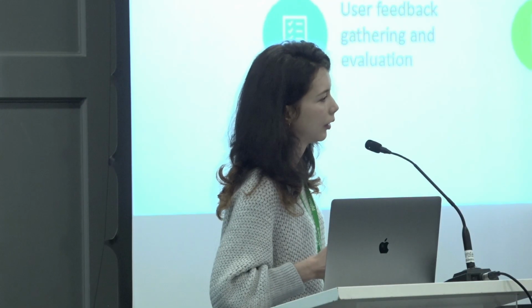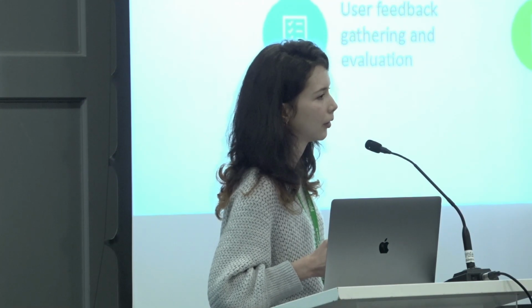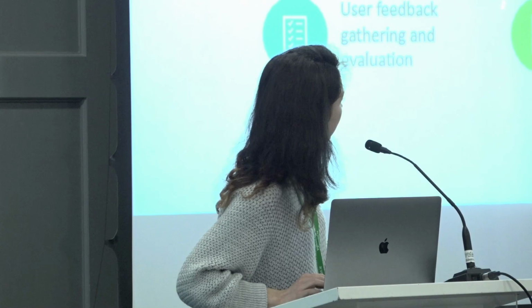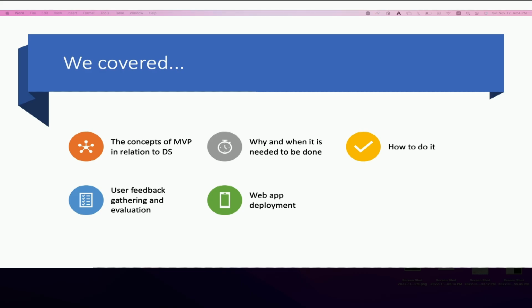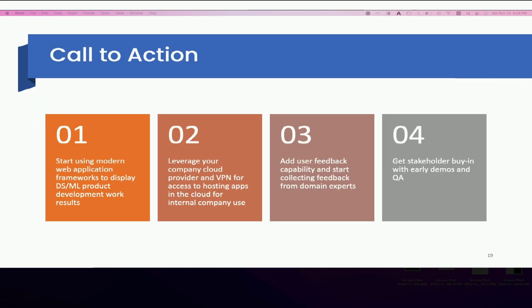You can use it in any way. If you have an active learning framework, you can use it for automatic retraining of models. And then web application deployment, how it can be done, is also quite straightforward.